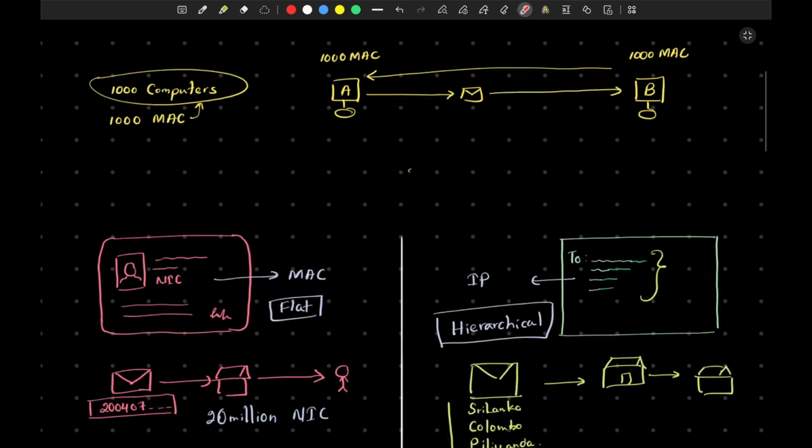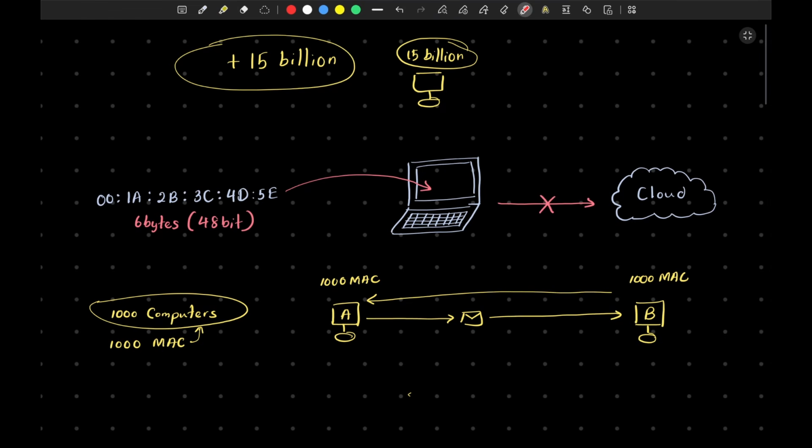So let's summarize what we discussed. First, we discussed the MAC address and why we cannot connect to the internet and communicate using only a MAC address. There are two problems. One is that if we only use MAC addresses, we have to save each and every MAC address in each computer.